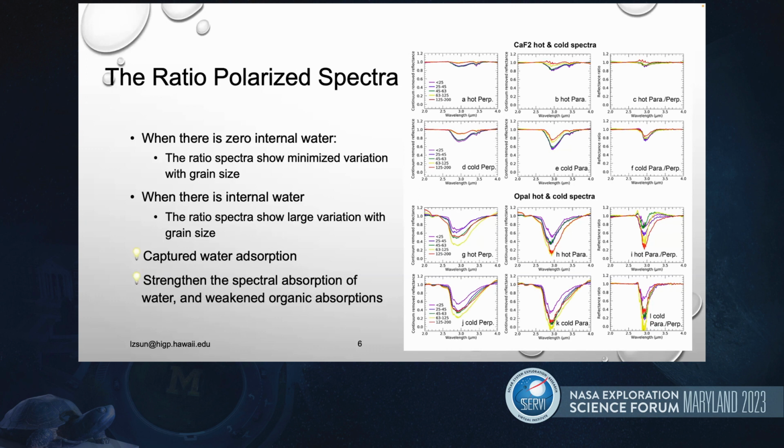Another thing we observed is that you can see this 3.4 micron absorption on the perpendicular and parallel branches in the first two column spectra, but this feature seems to have been minimized in the ratio. This 3.4 micron feature is caused by the CH vibration in organics, meaning using this ratio spectra, we can detect strong water absorption, but the organic absorption can be suppressed.